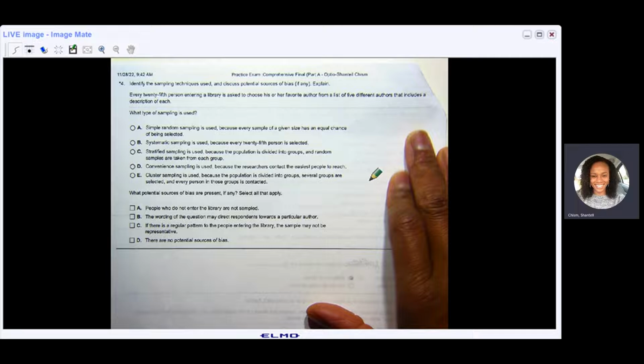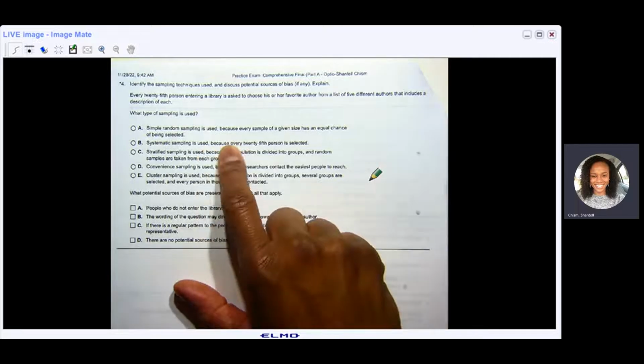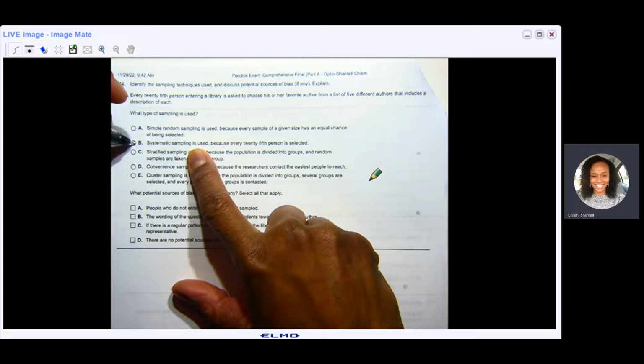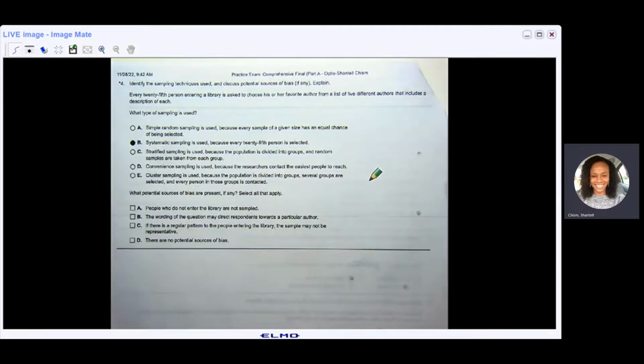This would be systematic because you're actually using a rote system to choose your patrons of the library for your sample. Every 25th person is selected. Okay, so that's a systematic way of doing something. Every kth person, in this case, 25th, is selected.